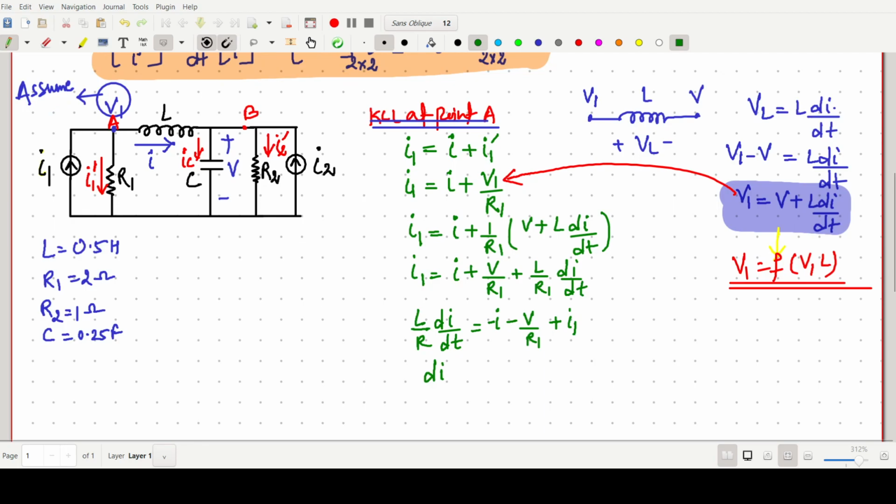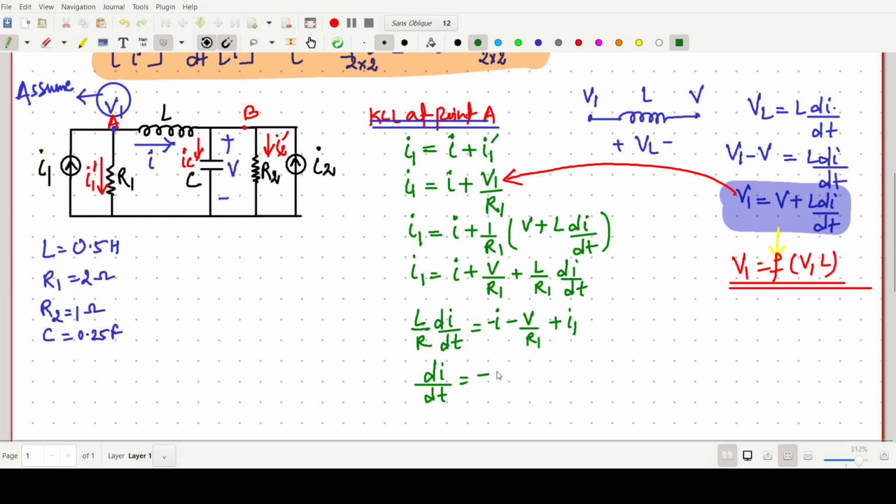Why am I doing this step by step? Because it is a very handy way to solve such questions. So di/dt, multiply both sides by R by L, so it should cancel out.